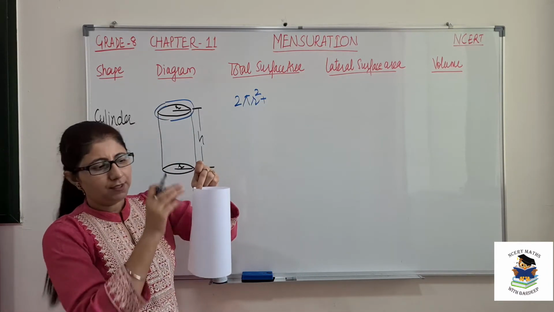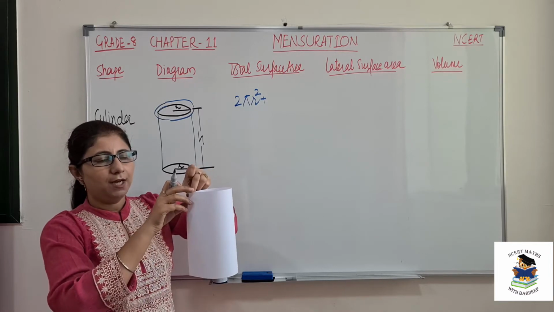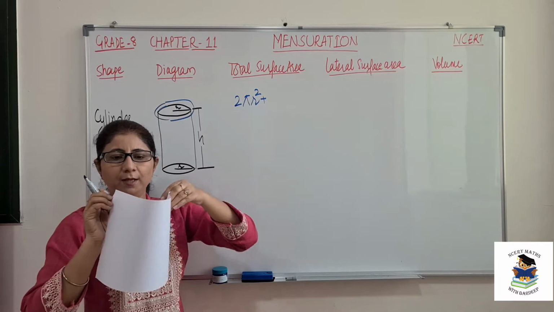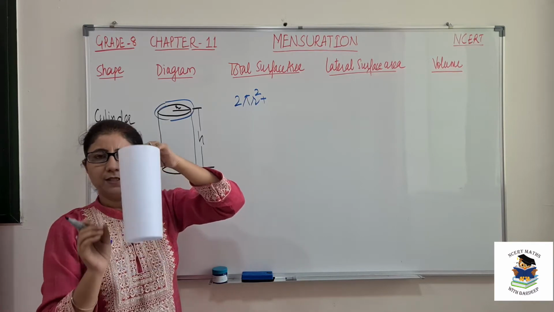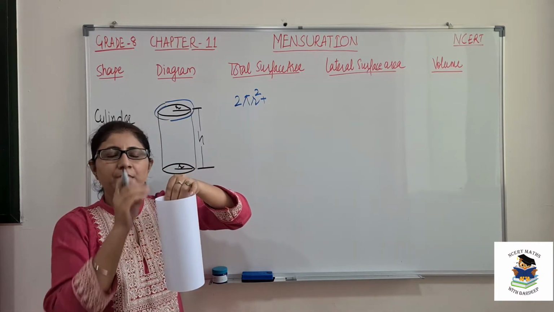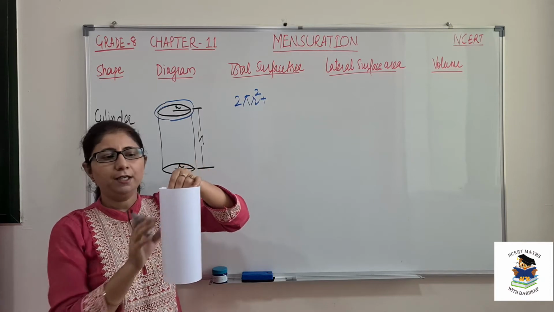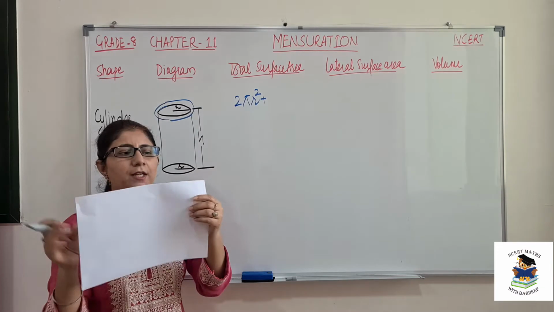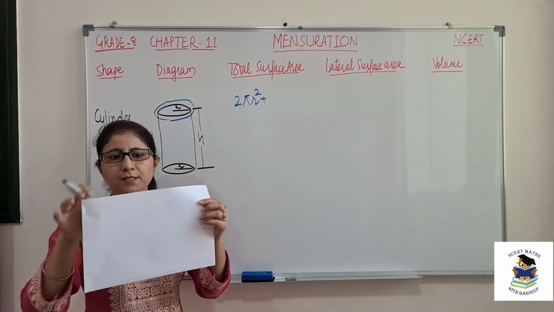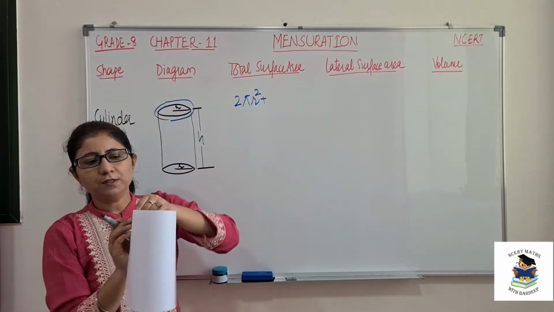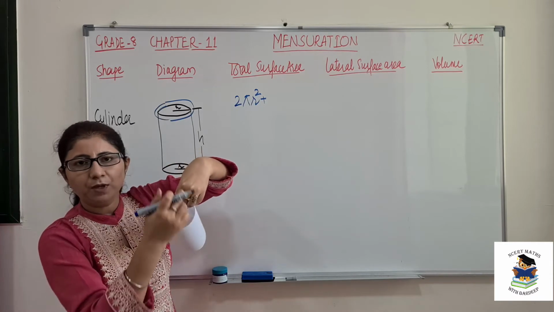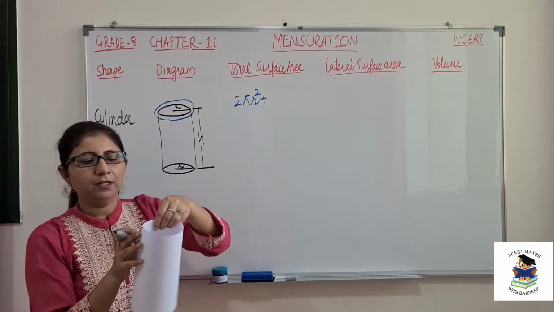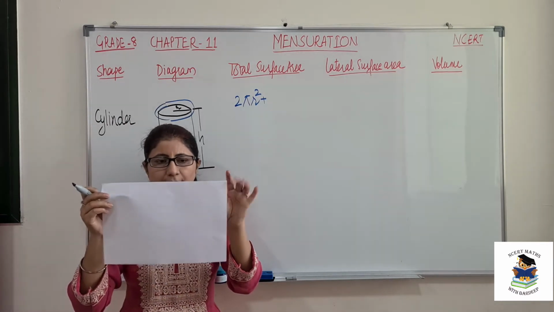If I cut this cylinder along its height, we will get this rectangle. What was this length? As we already know, this is a circular part, so this boundary is the circumference of the circle, that is 2 pi r. So this length is 2 pi r.